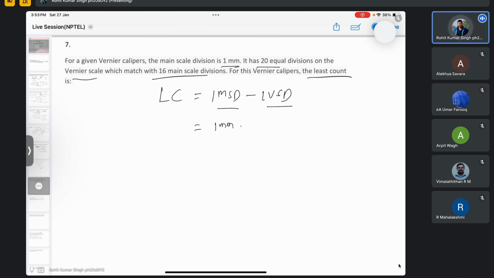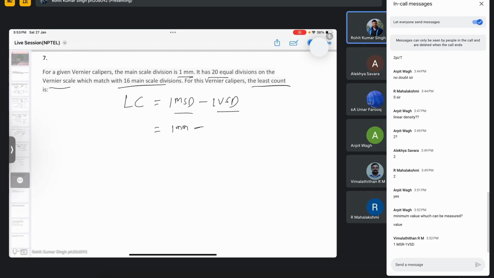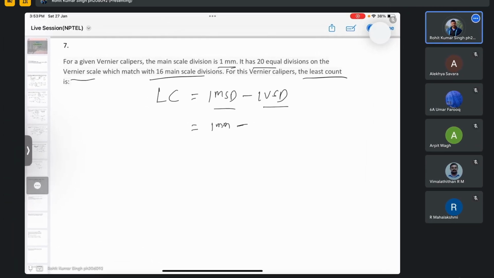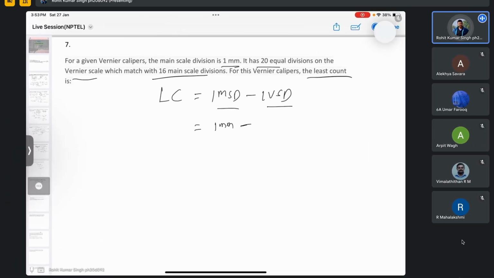But what is the vernier scale division? It is not given, right? How do you find it? Anyone? So Vimal, can you unmute and answer? How can you find the vernier scale division?